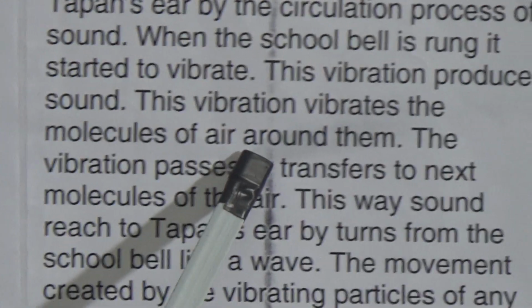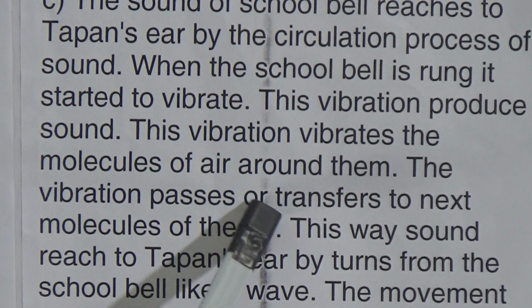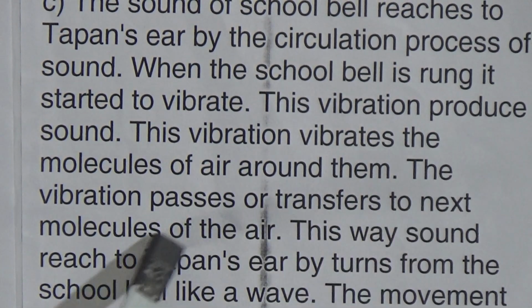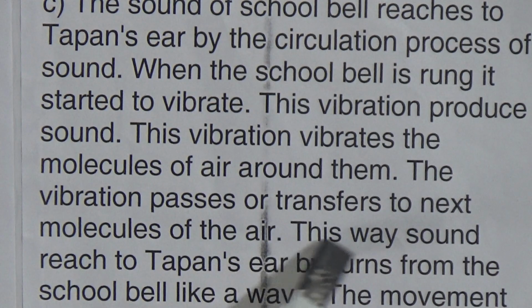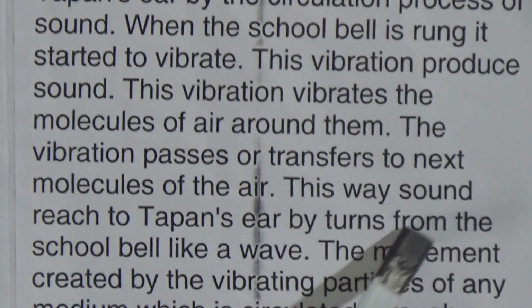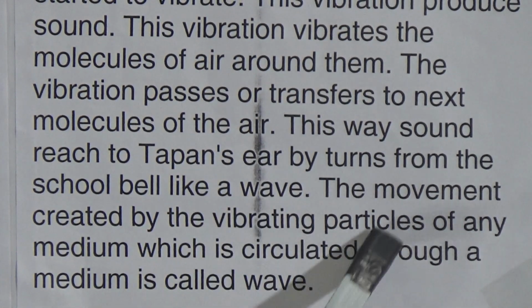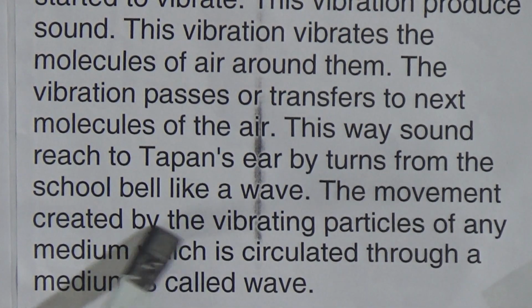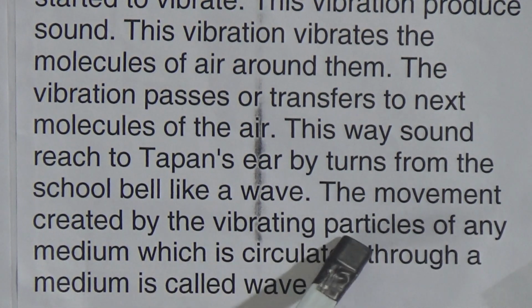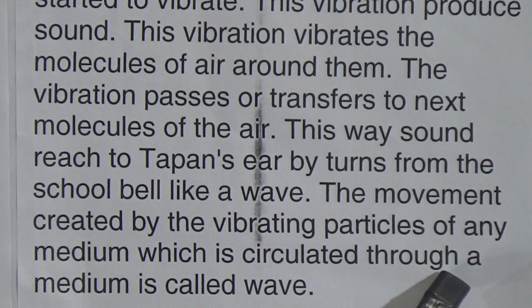This vibration vibrates the molecules of air around it. The vibration passes or transfers to the next molecule of the air. This way, sound reaches Tapan's ear by turns from the school bell like a wave. The movement created by the vibrating particles of any medium which is circulated through the medium is called a wave.